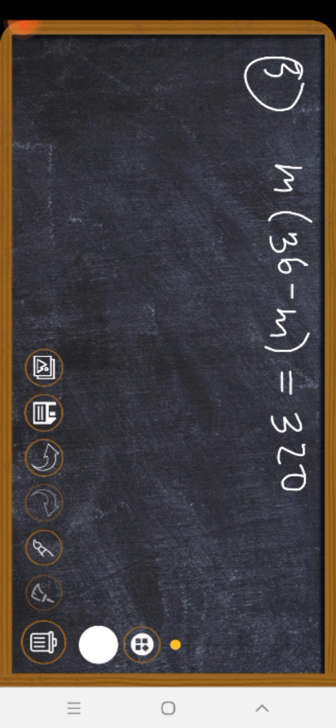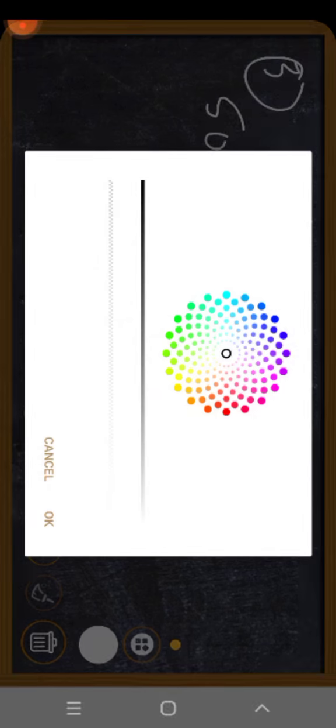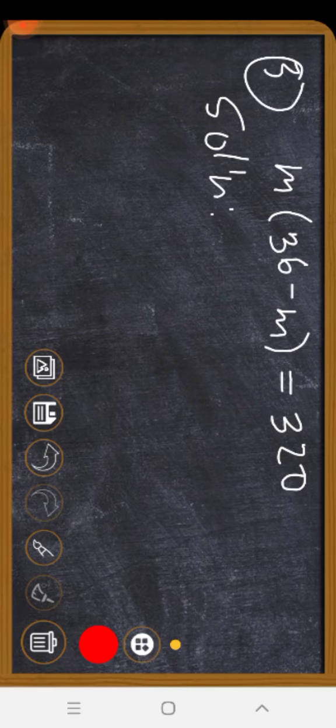For your solution, you multiply the variable m to the binomial 36 minus m and get a quadratic equation. Multiplying this, we get 36m minus m squared is equal to 320. Arranging it in such a way that your leading coefficient is positive, we transpose everything to the right first.